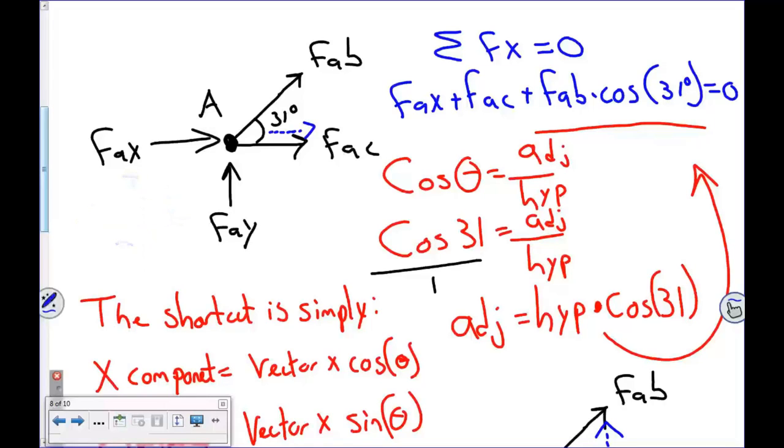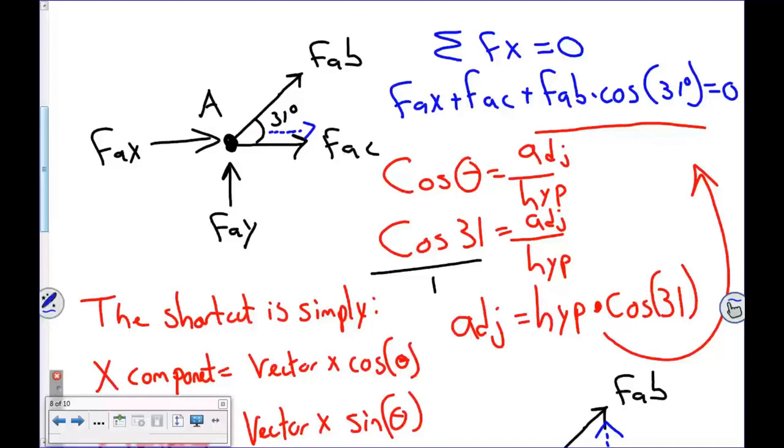Now, you're already starting to put this together. Remember, there's an X and a Y component of any vector that isn't 0 degrees or 90 degrees. So what function do I use to find the adjacent side of a vector at 31 degrees, that's what the blue line is?